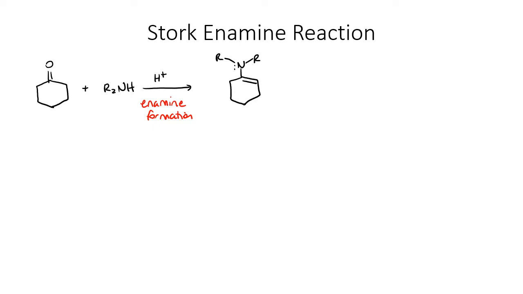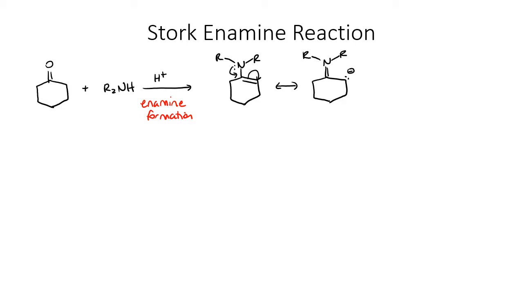Now an enamine is capable of undergoing resonance. So we can have these electrons come down and form a double bond and kick our double bond as a lone pair onto the carbon. So these lone pairs act as a stabilized enolate.